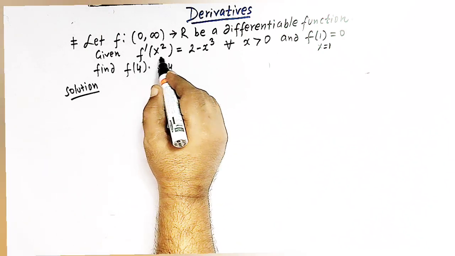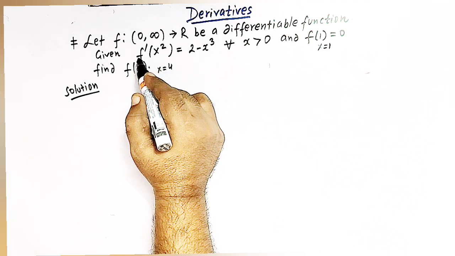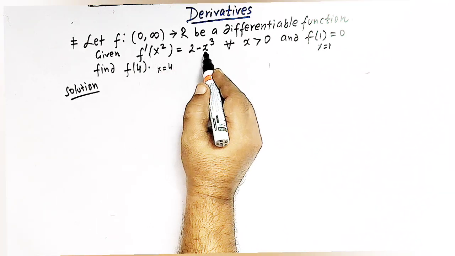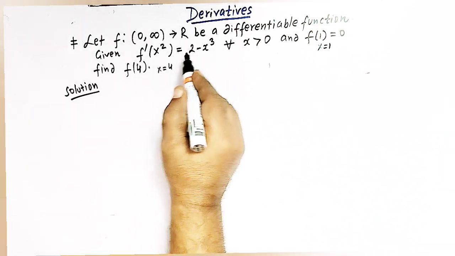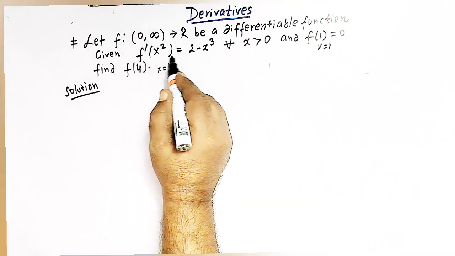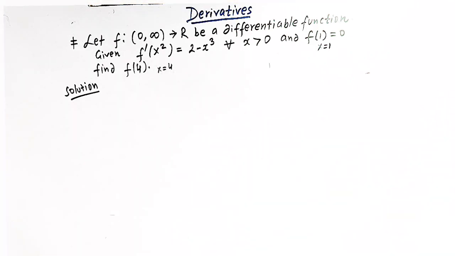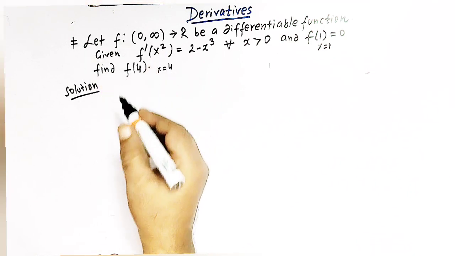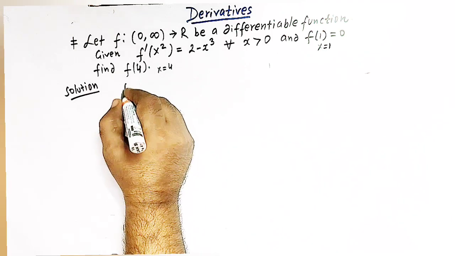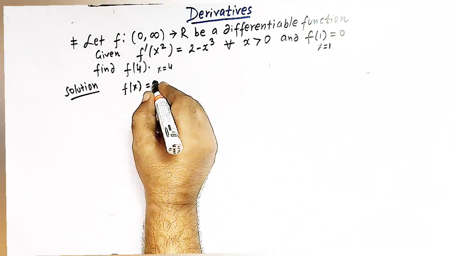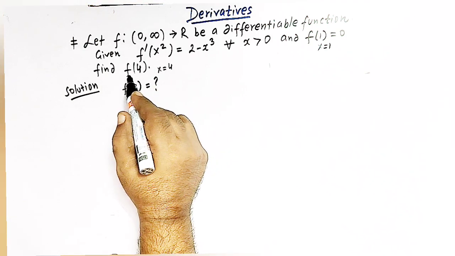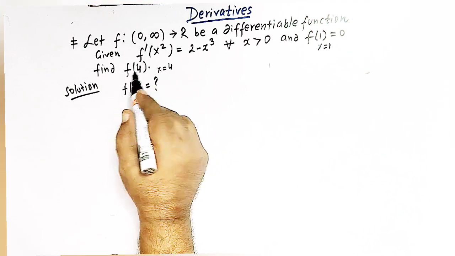So we are given that the derivative, f prime of x square, is equal to 2 minus x cube. So we'll start with this expression, right? Our aim is to first find out the form of the function, that is f of x, and then we can easily determine the value of f of 4.